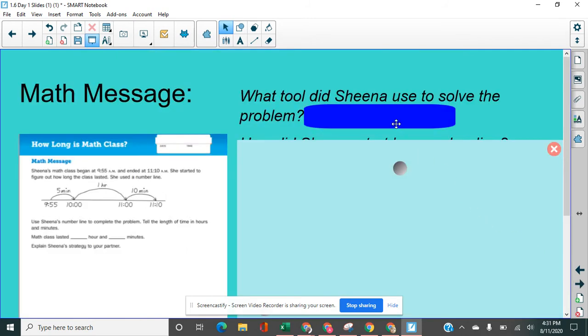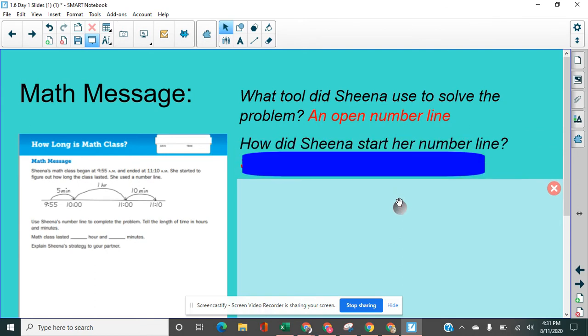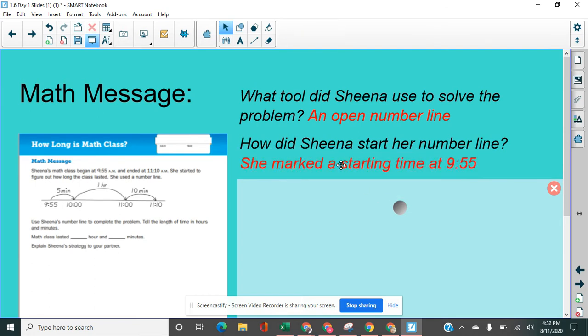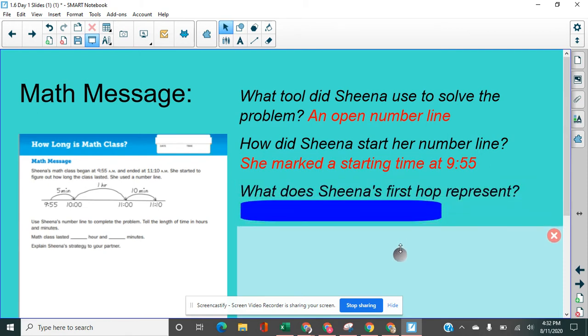Right? So what tool did she use? She used the number line. We're going to talk about how she might have used a clock in just a minute. So questions about the jumps. How did Sheena start her number line? Right? She marked the starting time. We just mentioned that. What does her first hop, this jump, represent? Well, it represents how there are 5 minutes until 10 o'clock, right?